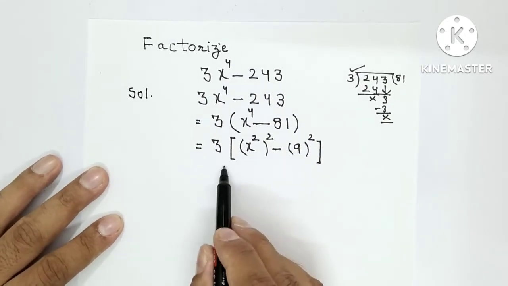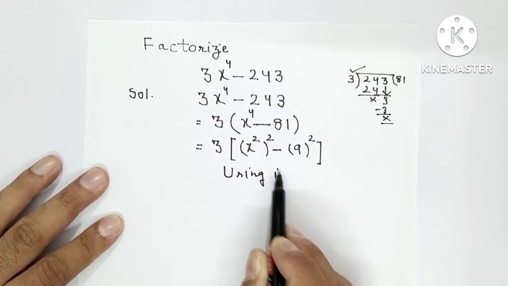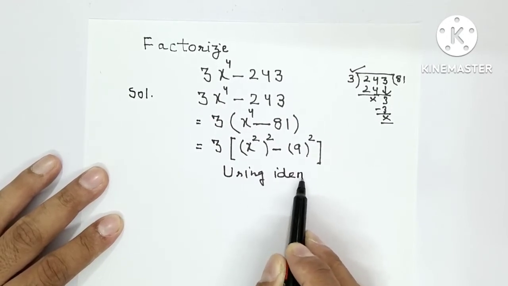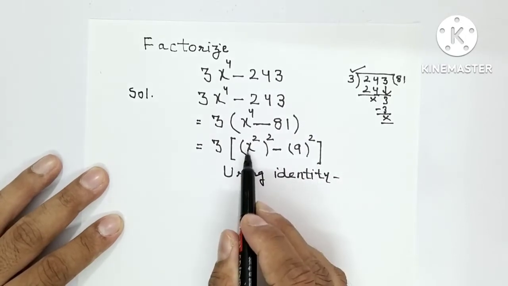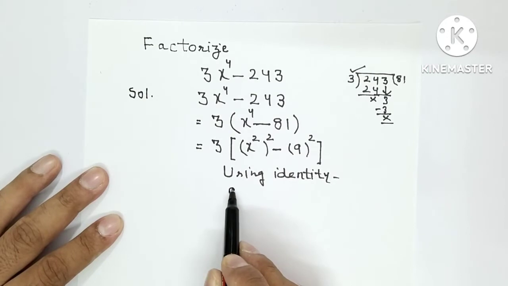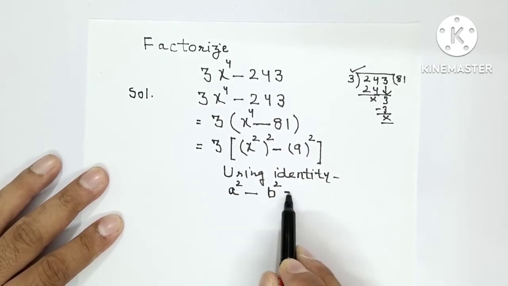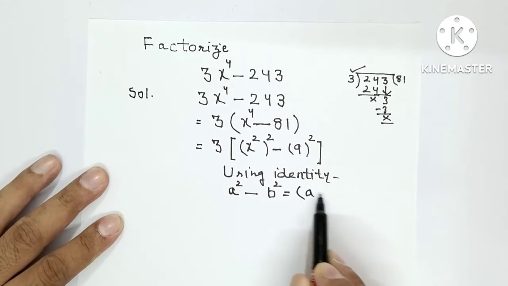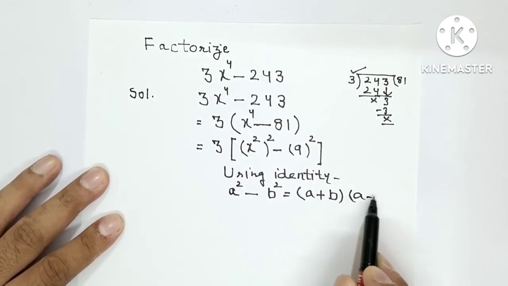Now, whatsoever is written in the bracket, you need to use one identity here. Which identity? See here, a is x square and b is 9. So the identity to be used is a square minus b square, equal to a plus b into a minus b.